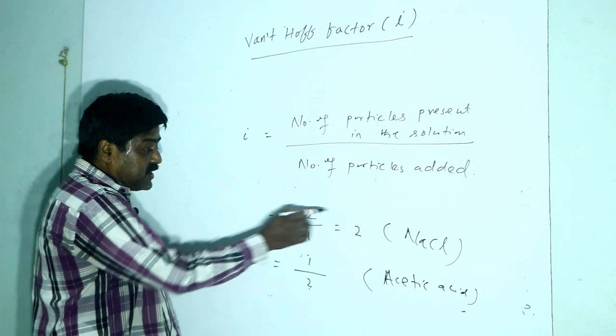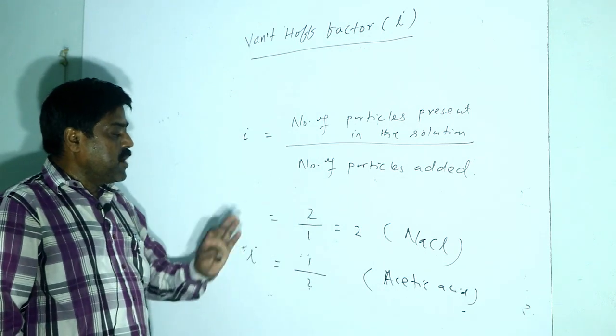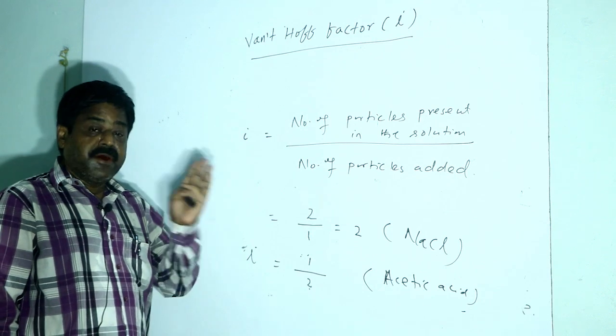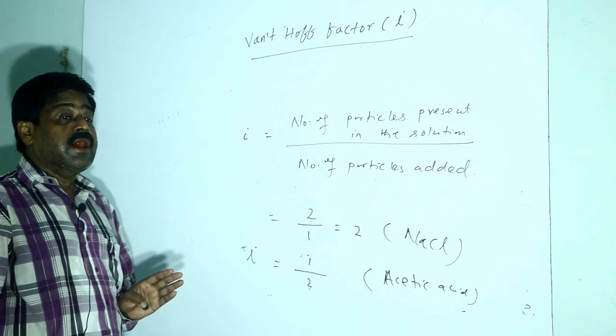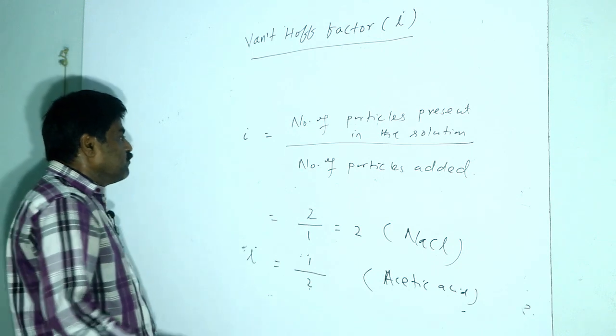And this tells the deviation from ideal behavior to normal behavior, giving rise to abnormal values of the colligative properties. So what happens here?